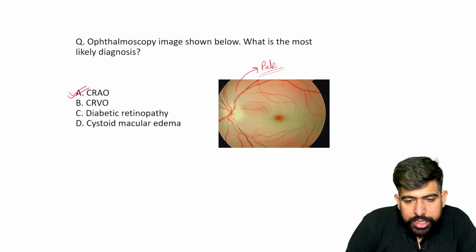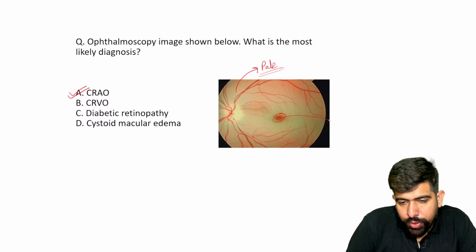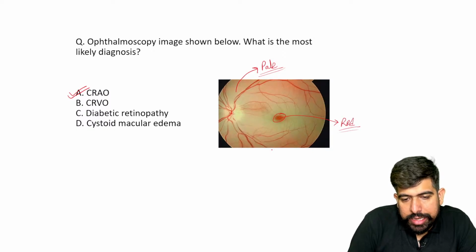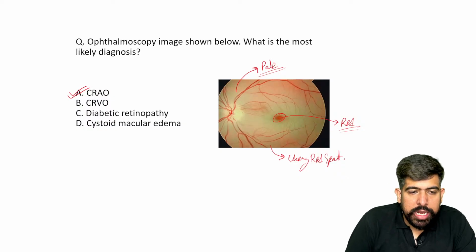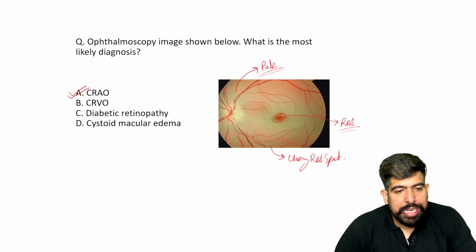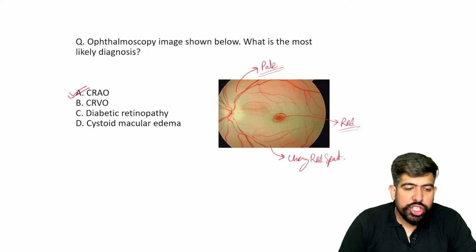Okay, and your fovea is seen red, and that's why this is known as cherry red spot. Guys, please remember it.